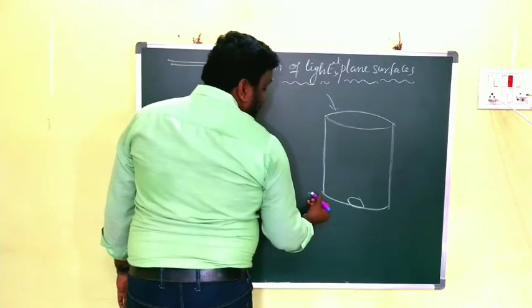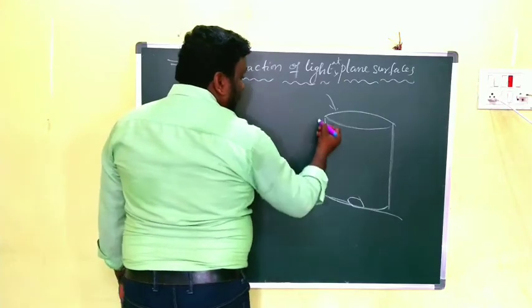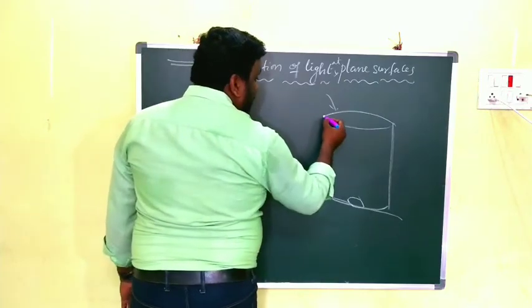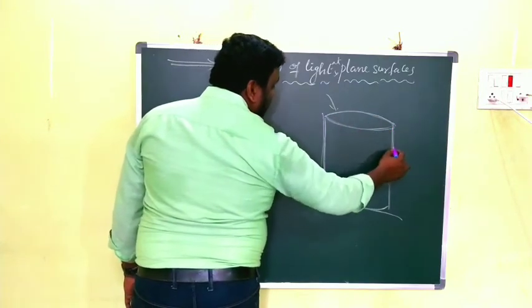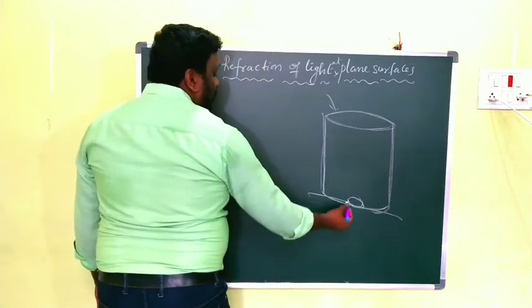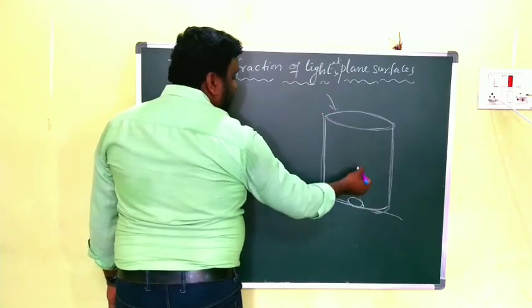This is a horizontal table. I already explained this activity in the previous video. Here we have taken an empty glass beaker, a glass vessel. At the bottom you have to keep one 5 rupees coin, and you must watch the coin.